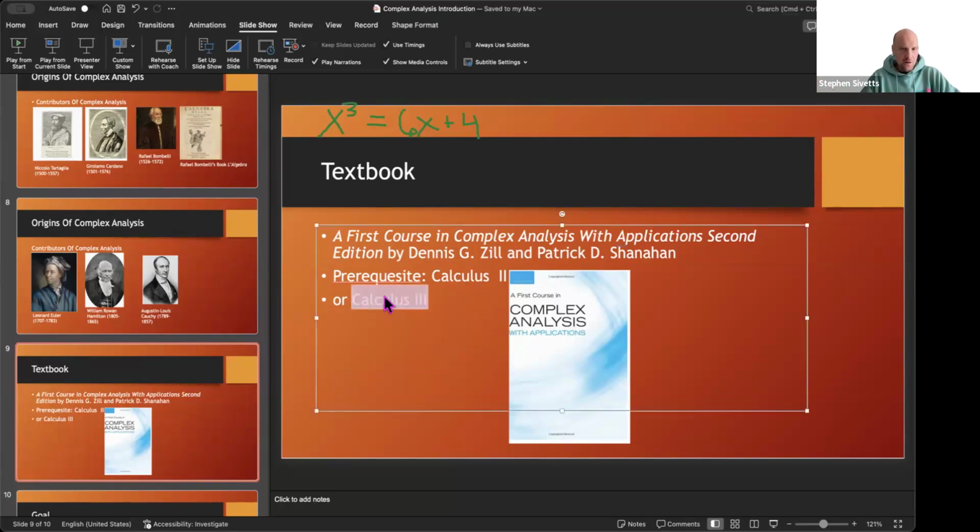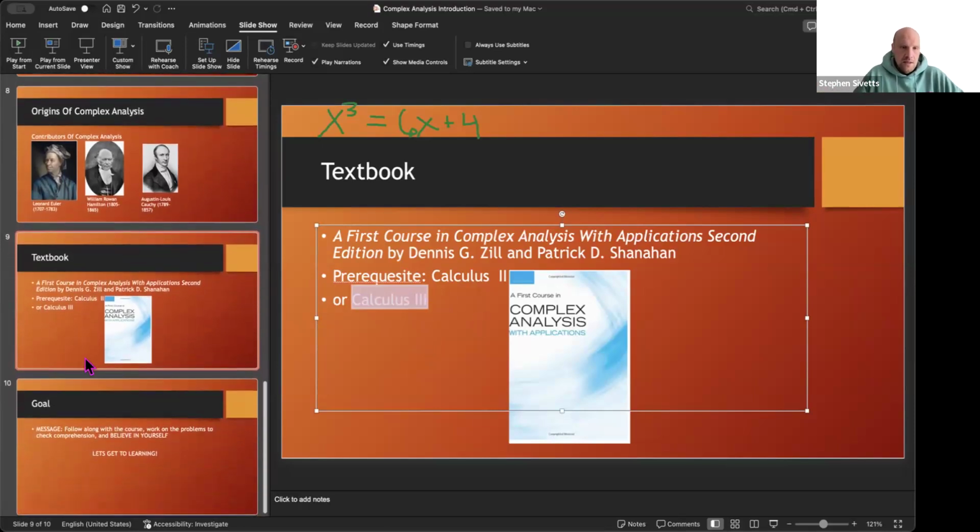And in Calc 3, we dealt with line integrals, and what it means for a vector field to be conservative. You don't have to know that for this course, but it's a good thing if you have taken at least Calc 3. You'll be able to work on the problems in this course.